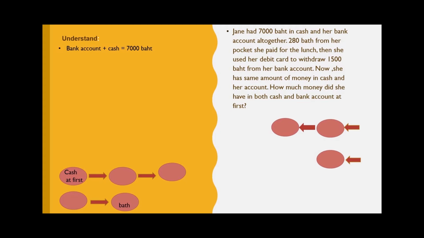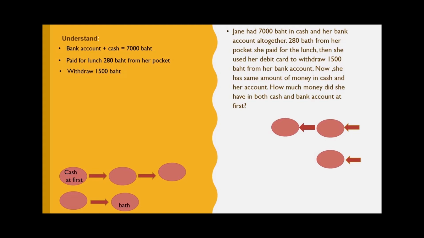Then she used her debit card to withdraw 1,500 baht from her bank account. So she withdrew the money, but she never spent it on buying anything. So she still has this 1,500 baht in her pocket.